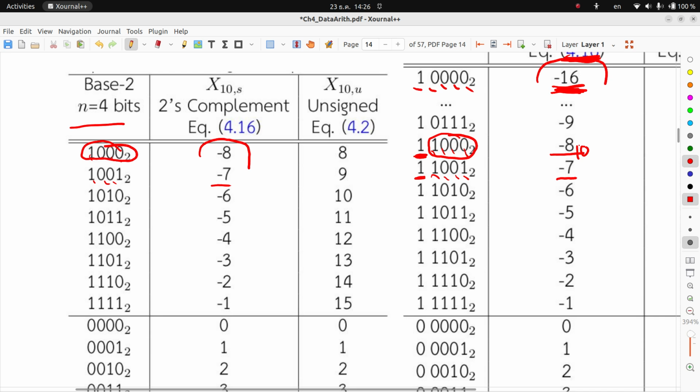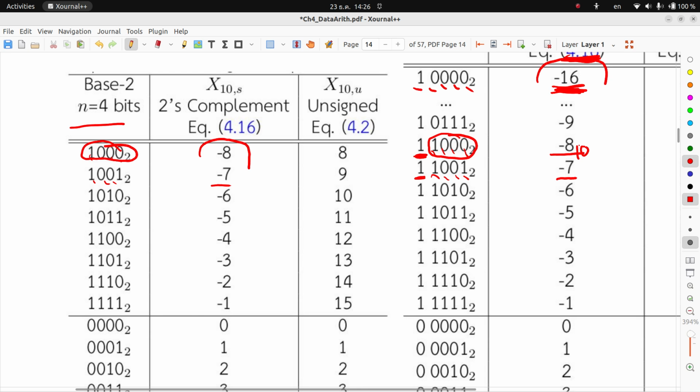That's why all the CPUs in the world follow this idea, this concept. Even the C compiler, C++, and many languages, Java, follow this idea.